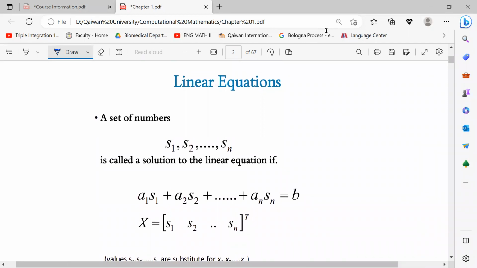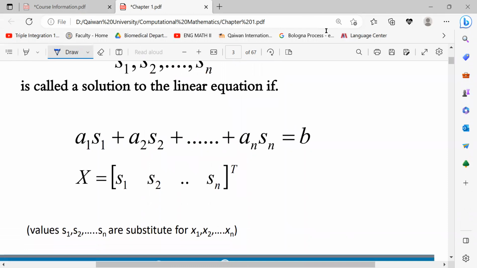For the linear equation, if we replace x1 by s1 and x2 by s2 and xn by sn, these values that we give to the variables are going to be our solution. It's going to be the solution for our linear equation.